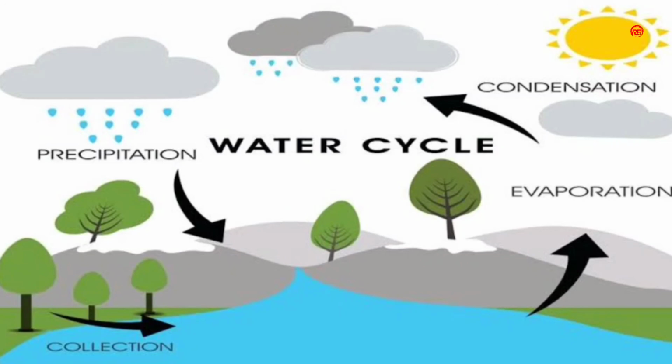Try to write it as a paragraph, how the water cycle is done. Try to describe the process of the water cycle. Write it as a paragraph which consists of 100 to 150 words.